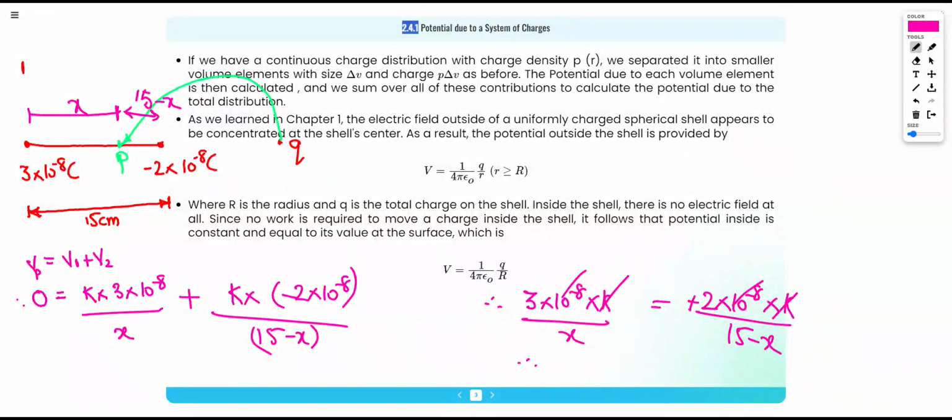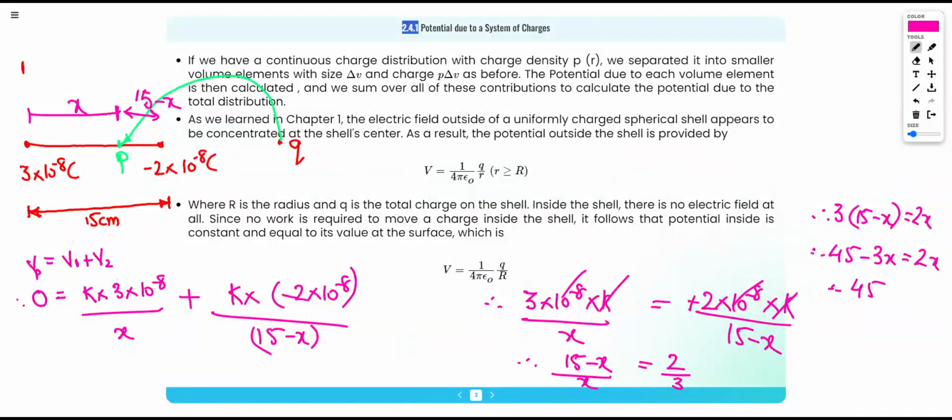Therefore 15 minus x over x is equal to 2 over 3. So 3 into 15 minus x is equal to 2x. Therefore 45 minus 3x will be equal to 2x.